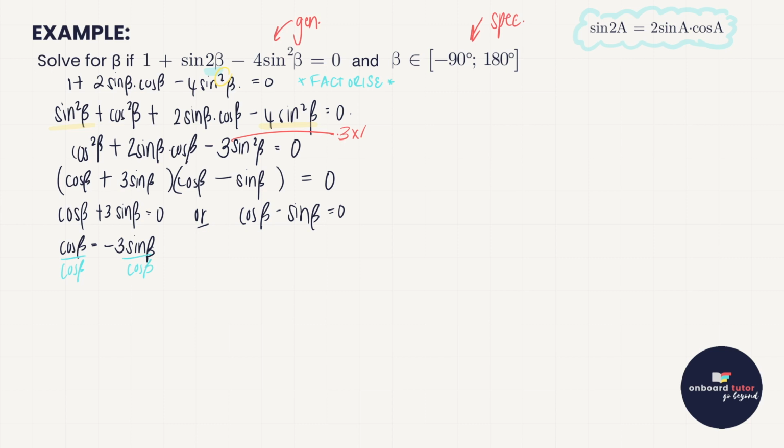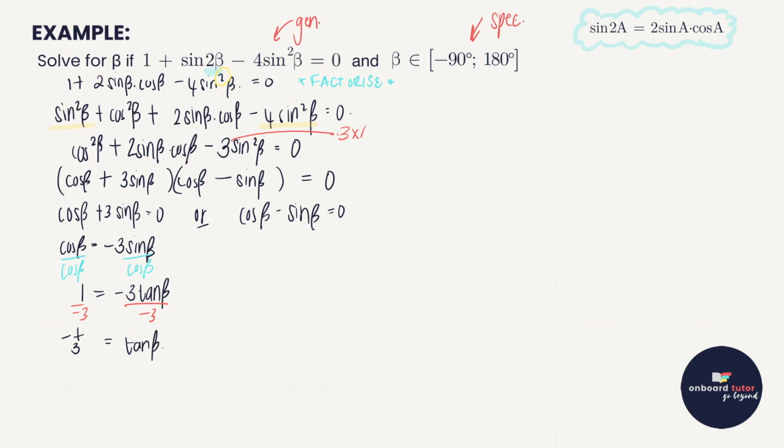So what I've just done now by doing that is cos beta over cos beta is 1 equals minus 3 tan beta, which is definitely doable. Now we can divide both sides here by minus 3. And so we end up there with the fact that tan beta is equal to minus 1 over 3.